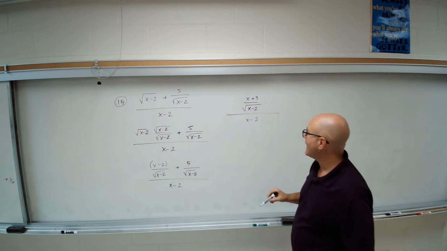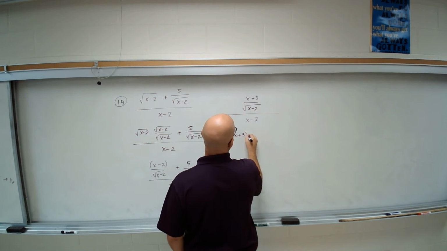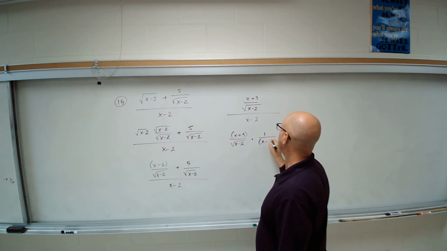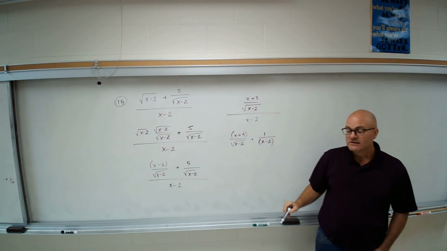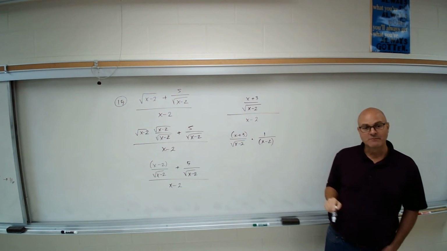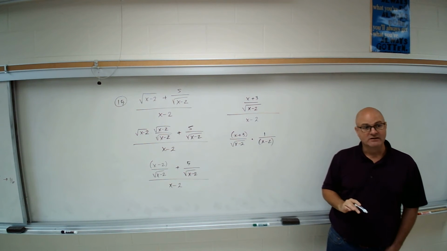So with this, what I would do here is I'm going to write this as x plus 3 over radical x minus 2 times 1 over x minus 2. So instead of dividing by x minus 2, I'm going to multiply by the reciprocal. Do this all the time when you're trying to get your fractions to look nice, right?